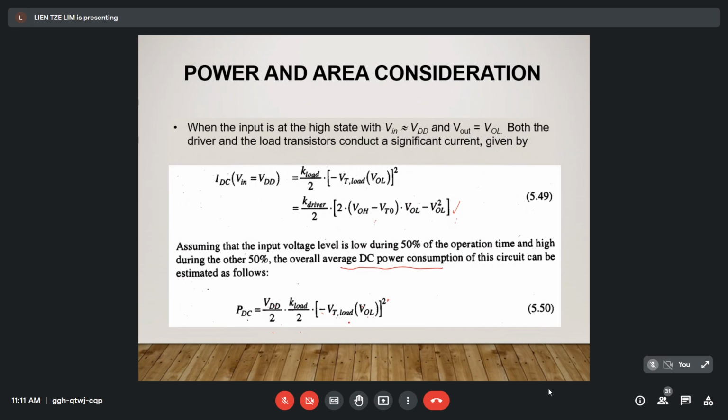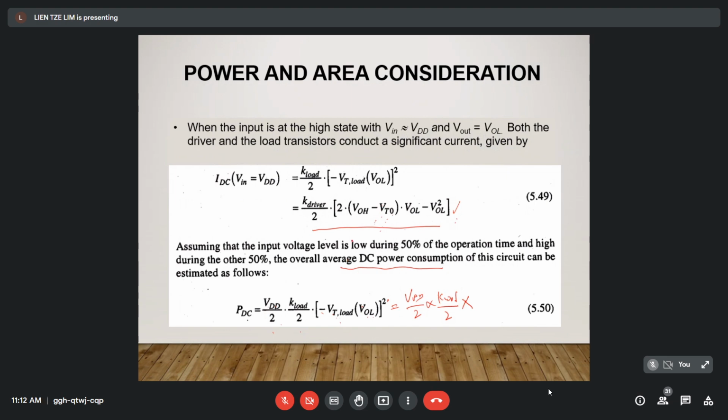We can also rewrite it with VDD divided by 2, multiplied by K load divided by 2 and multiplied by this. So if VTO is given and VOH is given, then we can use this as well.